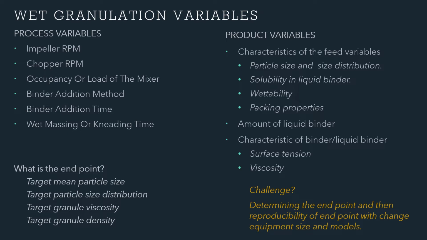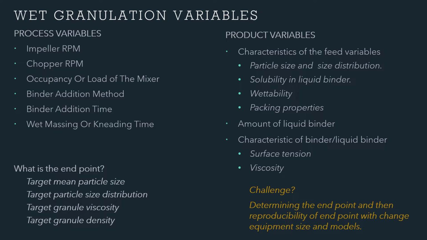So occupancy is to be fixed, binder addition method is to be fixed, and binder addition time we can fix. Basically our scale-up rules will be applied on the impeller RPM, how to scale up the chopper RPM, and how to scale up the kneading time. These three things we will discuss in the next slides.